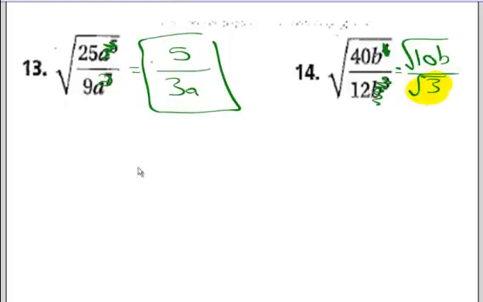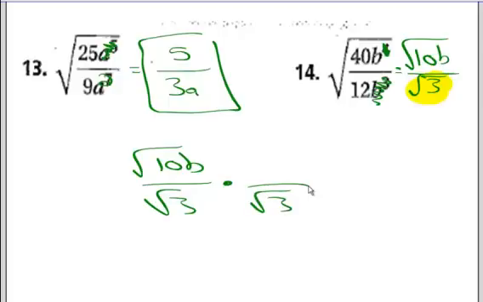I do have this problem where I have the square root of 3 in the denominator. And whatever the problem is is exactly what I'm going to use to get rid of the problem. Because the square root of 3 times the square root of 3 is the square root of 9. The square root of 10b times the square root of 3 is the square root of 30b.